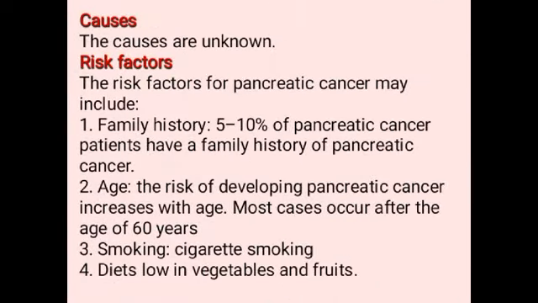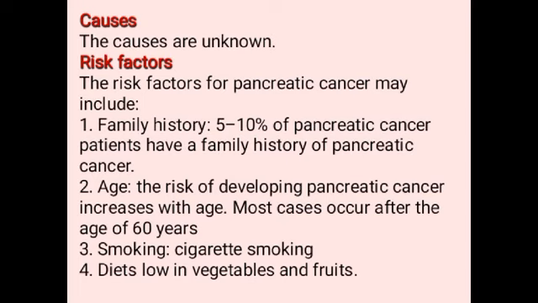Now, what could be the cause of this cancer of the pancreas? Remember, in general, we say the cause of the cancer is actually idiopathic. Even in this case, the cause of pancreatic cancer is not primarily known.